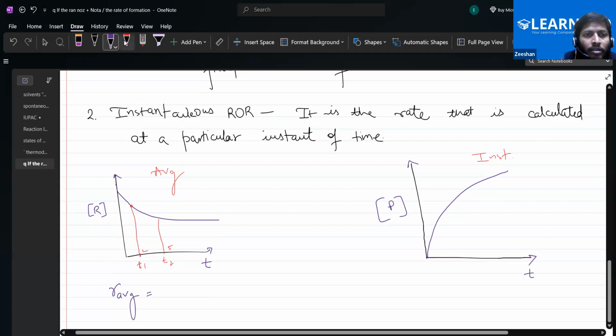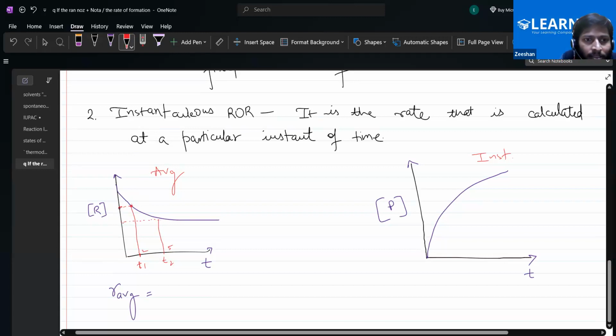Acha, so tell me, this concentration at 2 seconds was this, right? Yes, sir. And at the 5th second, the reactant concentration has been decreased. Can you see this?